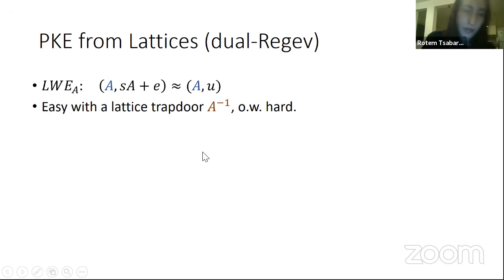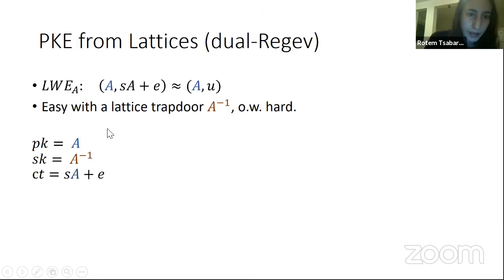So the way to use this in public key encryption is as follows. The public key would be the public matrix A, and the secret key would be the trapdoor for the matrix A. To generate a ciphertext, the randomness of the encryption would be fresh S and E, and the pseudo-randomness of this value will be used to encrypt the message.